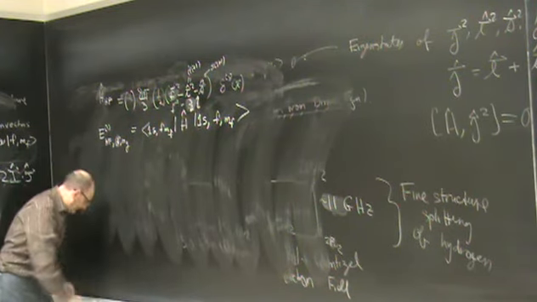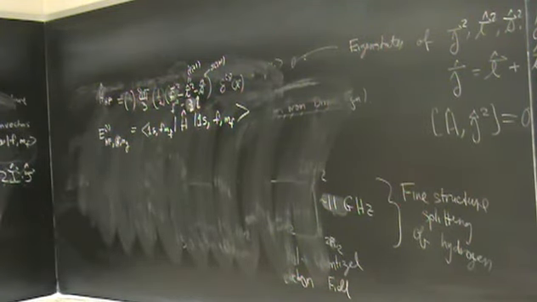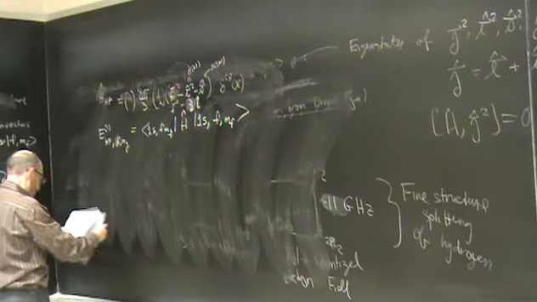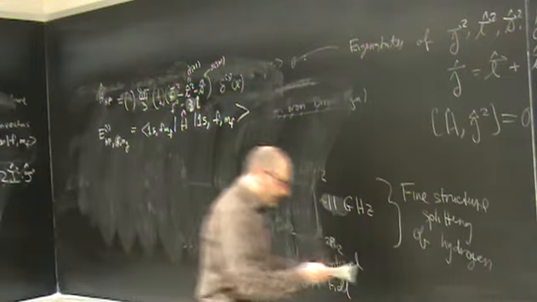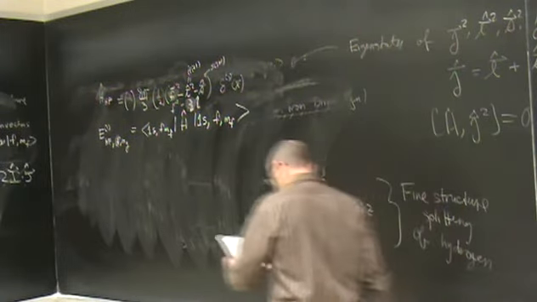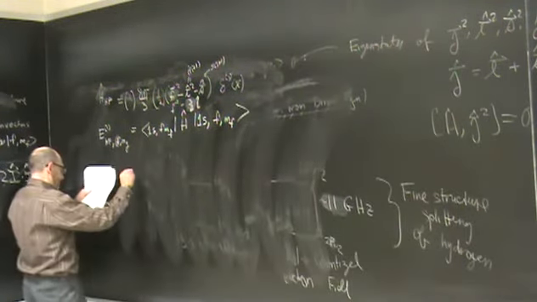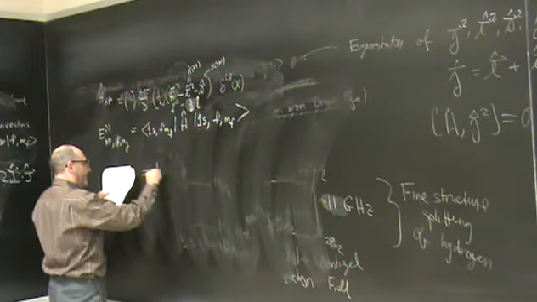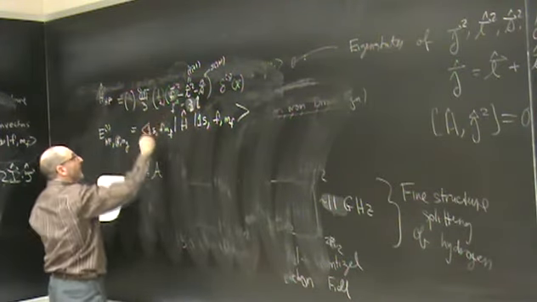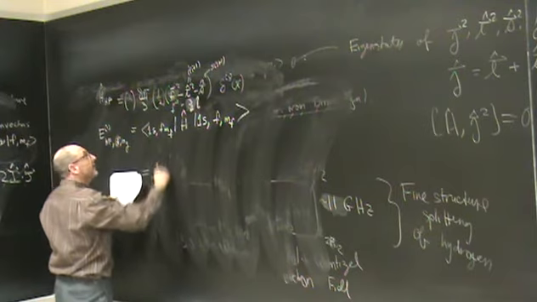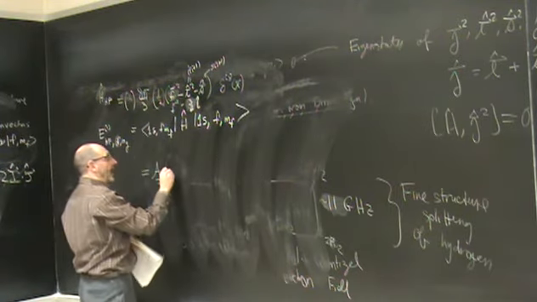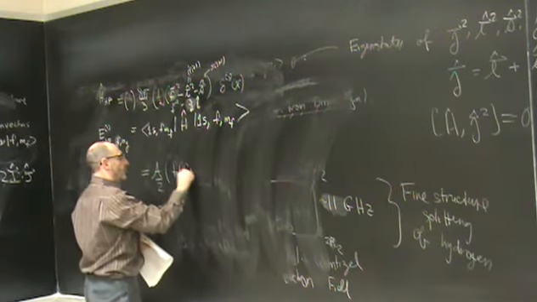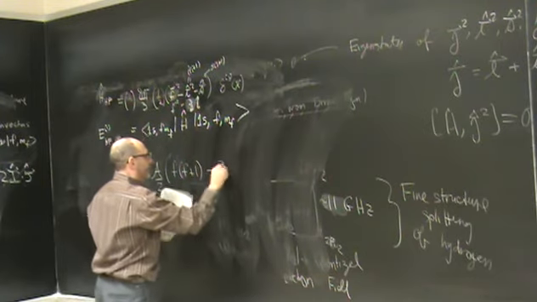Putting it all together, I find the following. This energy is equal to some constant, which I called A, over 2 times the eigenvalue of F, which is F times F plus 1 minus 3/2.